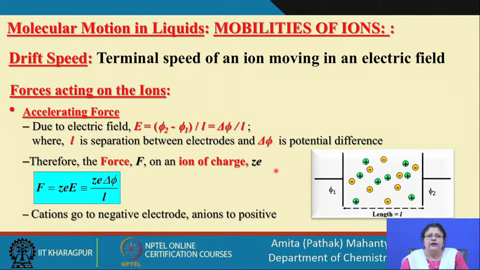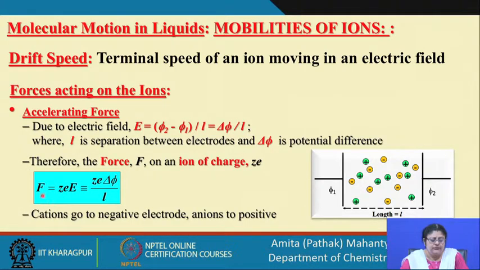Okay. So, if I have Ze as the total charge associated with the ion, moving across the electric potential difference of delta phi with the distance between the two electrodes being L, then the force is nothing but Ze, where small e is the electronic charge, into the capital E, the applied field.